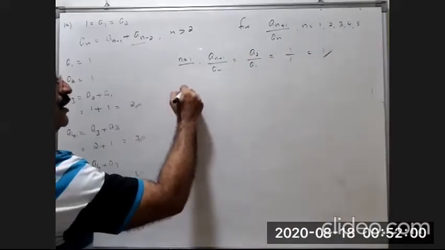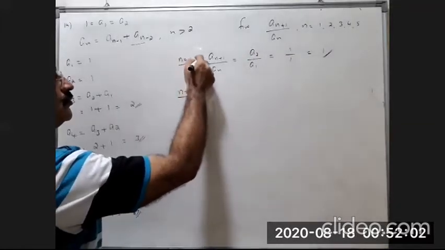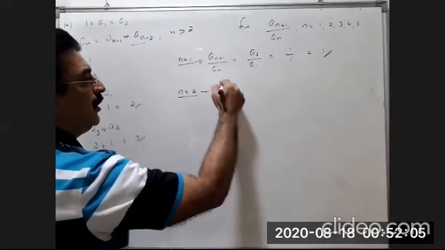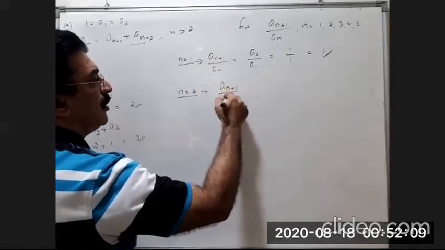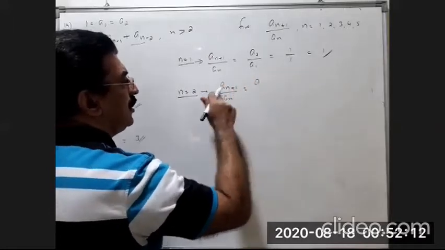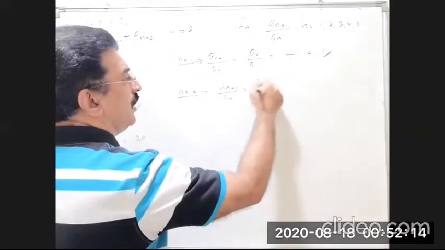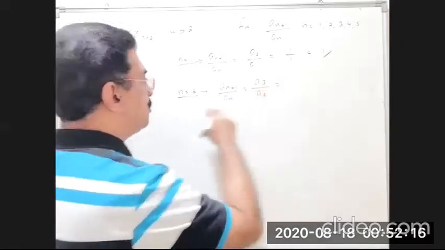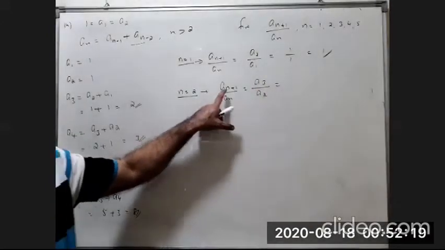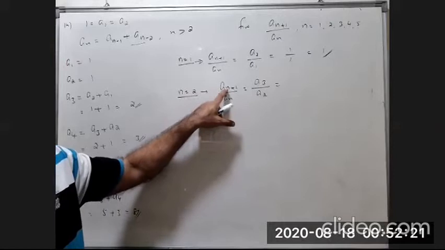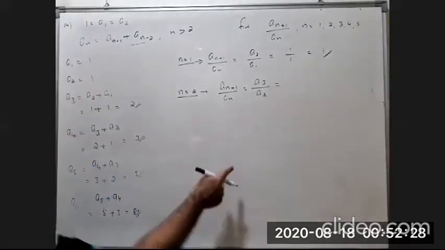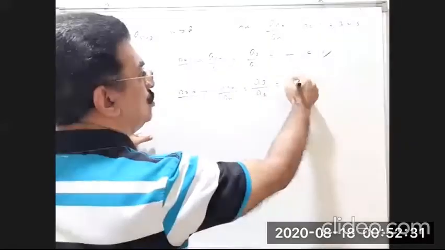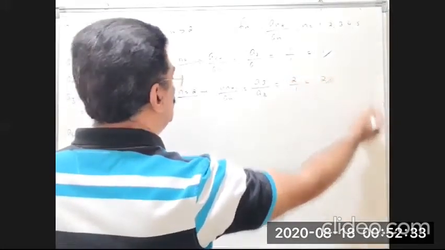Now if n is 2, our expression an plus 1 by an becomes a2 plus 1, a3 by a2. If n is 2, 2 plus 1 is 3, a3 by a2. And what is a3 by a2? a3 is 2. 2 by 1, that is 2.